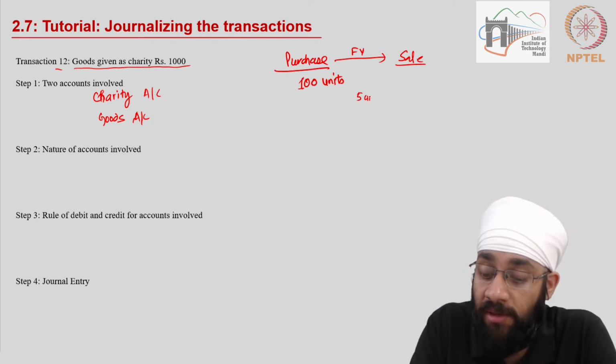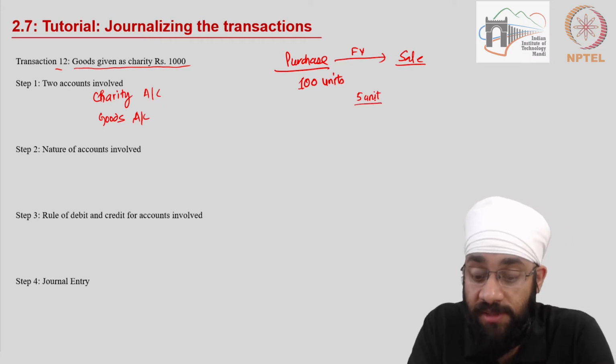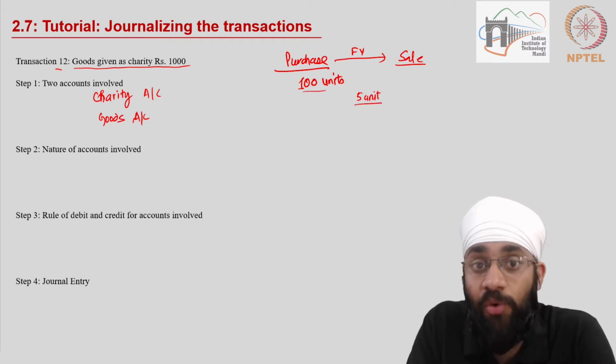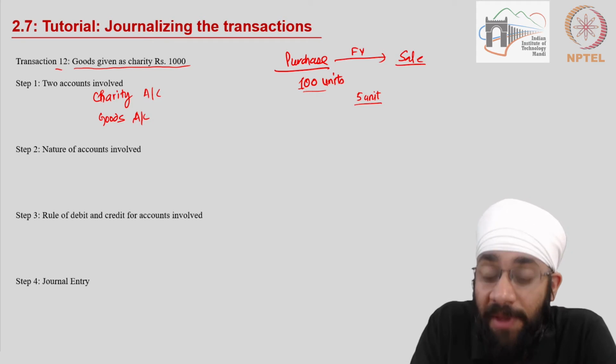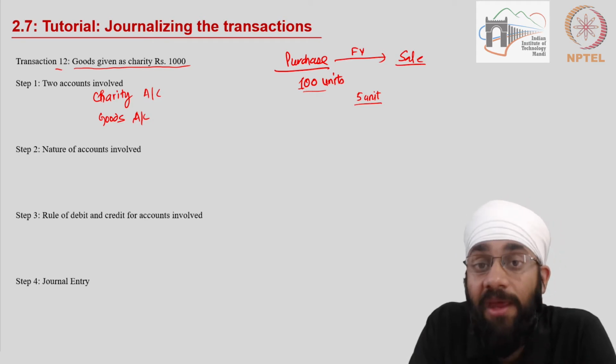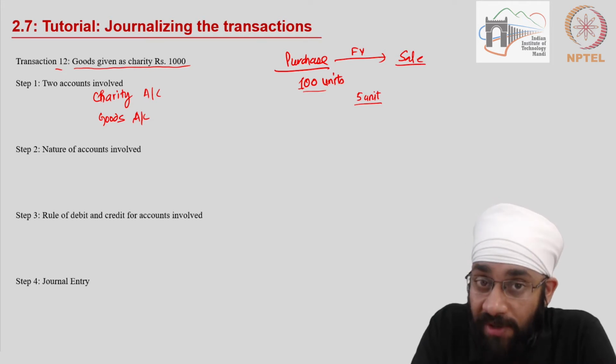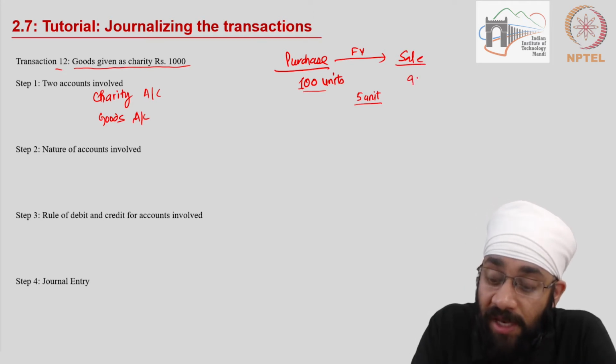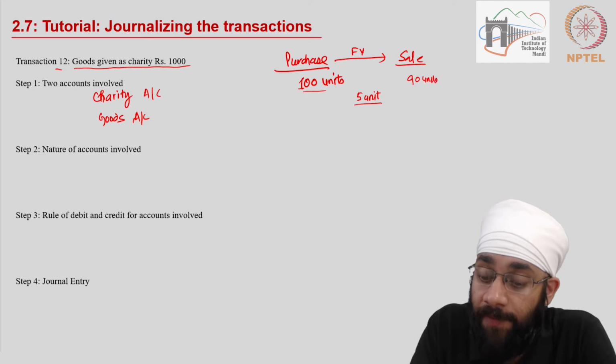So you give them 5 units of furniture, but you don't charge them, so money is not coming in here. Therefore, you are left with the remaining 95 to be sold. And it is possible that you sell only 90 units and the remaining 5 units are your closing stock.